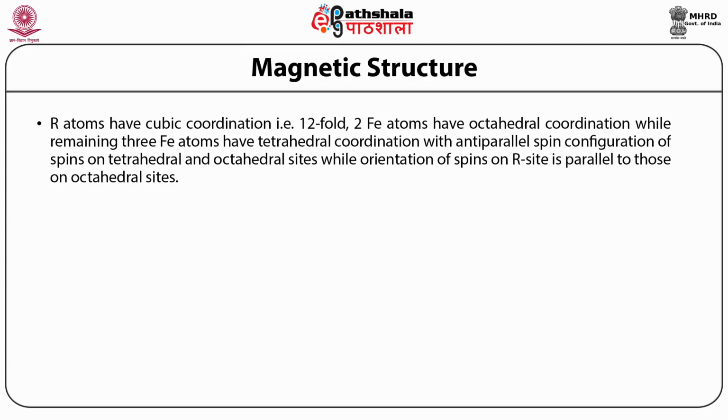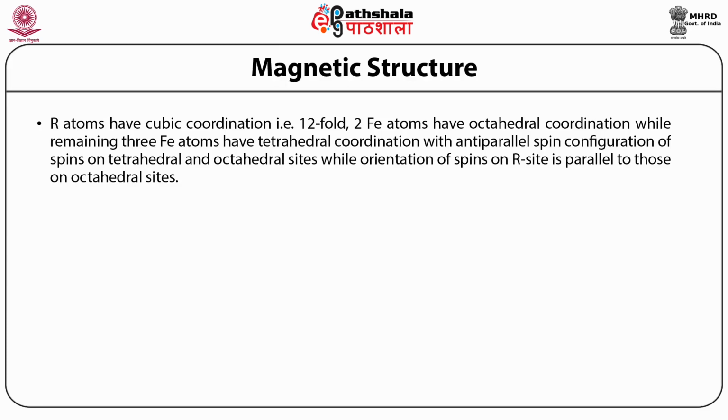We know that each Fe3+ ion contributes 5 μB, while each lanthanide atom, that is R, contributes a moment of magnitude μR μB, where μR is the strength of the moment of the R ion.